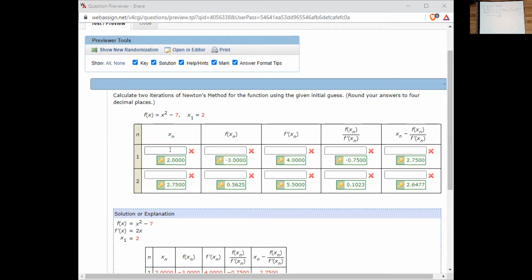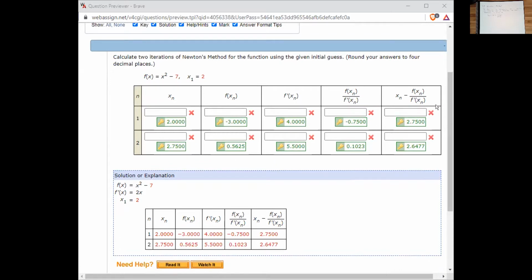So that goes here. Then they ask you, what is the function at that number? Well, you plug in 2. Then you take the derivative and plug in 2. Then you divide those. And then you put it all together. So basically they're building the formula piece by piece to make it easier on you. I don't know if that's easier, but I think that's what they're trying to do. So eventually all this together gives you x2.